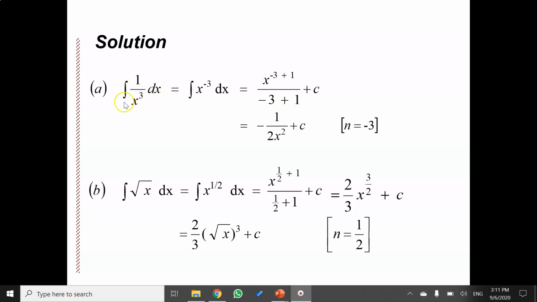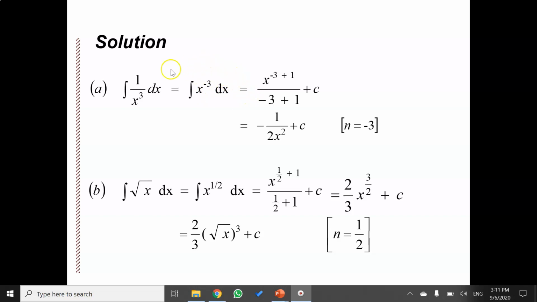Remember, 1 over x cubed means there will be a negative power. So we write it back: integration of x to the power of negative 3 dx. Why negative? Because it is 1 over.